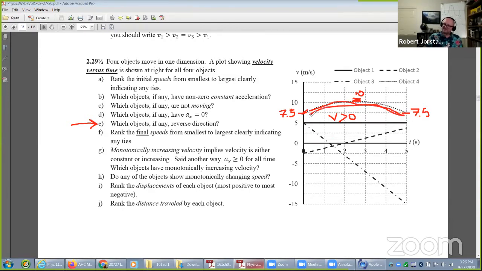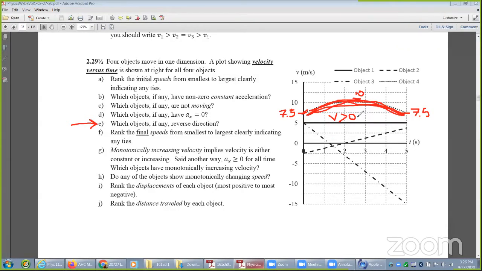If it was an xt plot, you're right. That would represent reversing direction. But in this case, all that's saying is it was going to the right at 7, sped up a little bit, then you took your foot off the gas a little bit. That would be like trying to pass somebody. You speed up for a little bit and then slow down, but you're always going forwards. That's a tricky one.